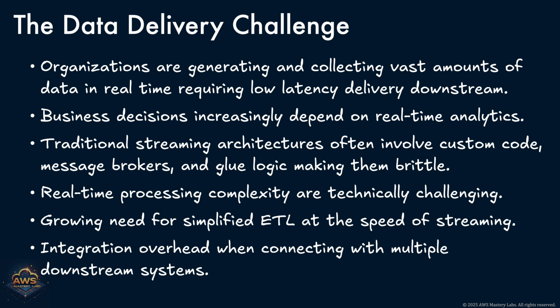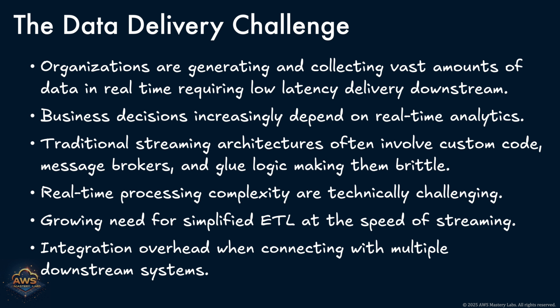At the same time, there's a growing need for simplified ETL to enrich, filter, or reformat data as it flows through the pipeline without introducing latency or compromising throughput. These pipelines must also scale elastically with traffic spikes and provide durable delivery, ensuring no data is lost, even in the face of outages or downstream unavailability.